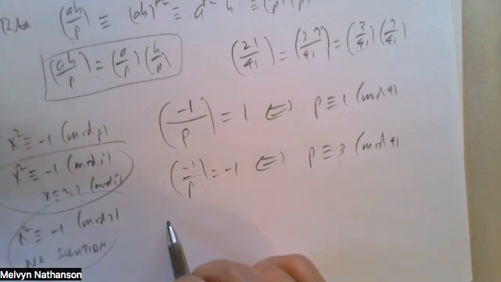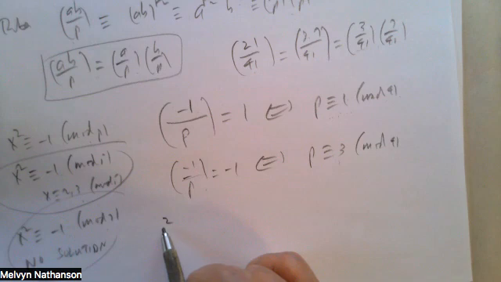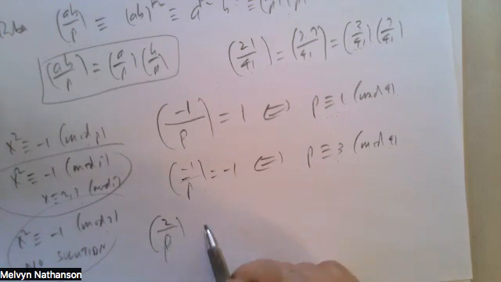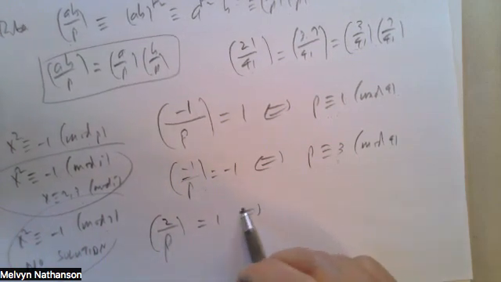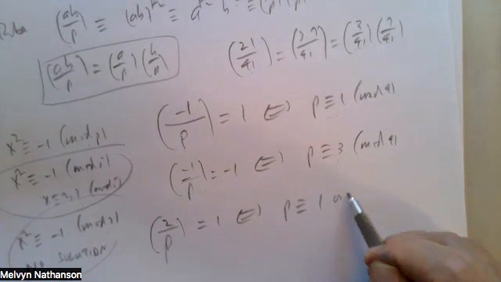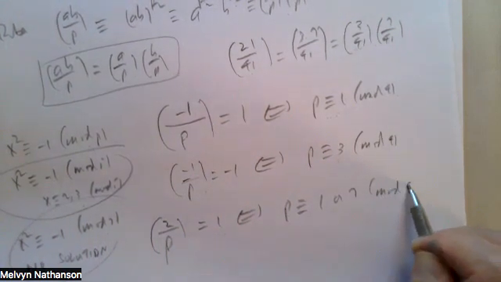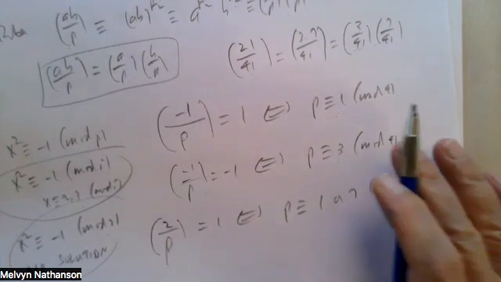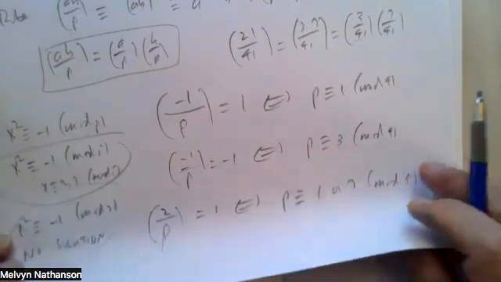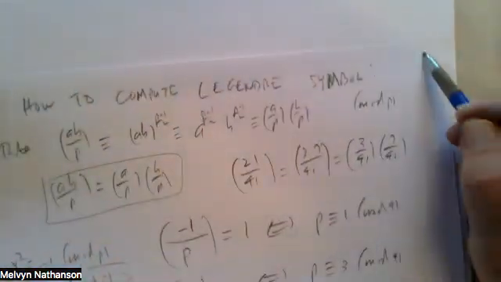And there's a similar rule for knowing when 2 is a quadratic residue. The rule says the following: 2 is a quadratic residue mod P if and only if P is congruent to 1 or 7 mod 8. Let's look at some examples of that.